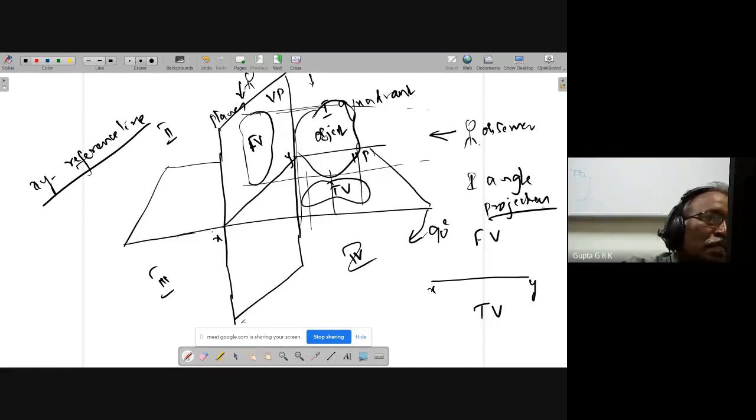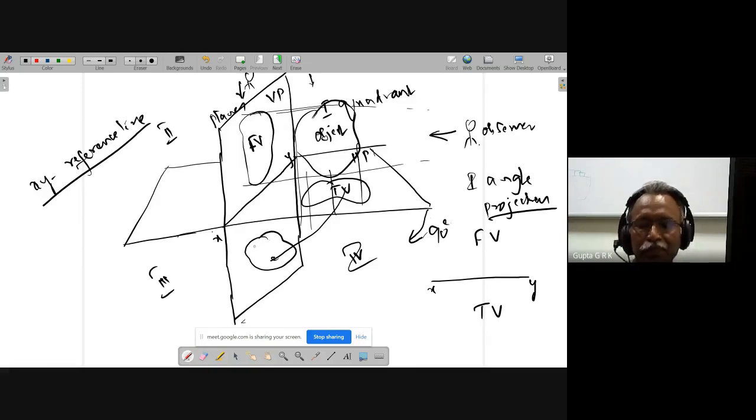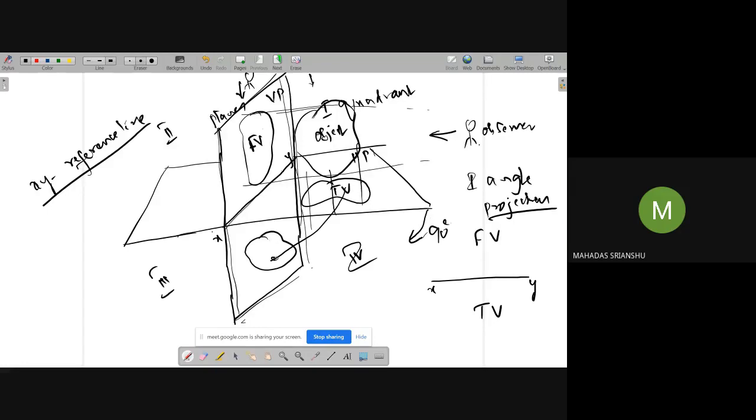So this top view comes down like this here. Is it clear? Now this vertical plane becomes the sheet on which I have XY in between, the front view above XY, and the top view below XY. So it is just a representation of the horizontal plane and the vertical plane. That's all it is.